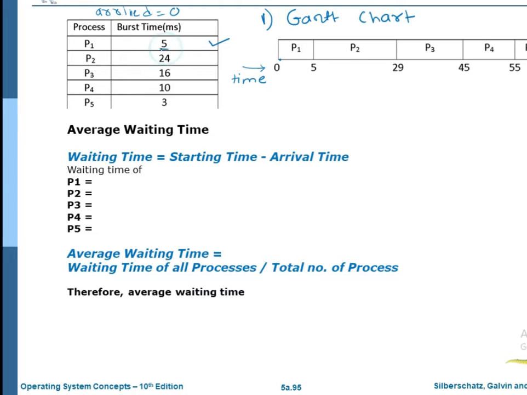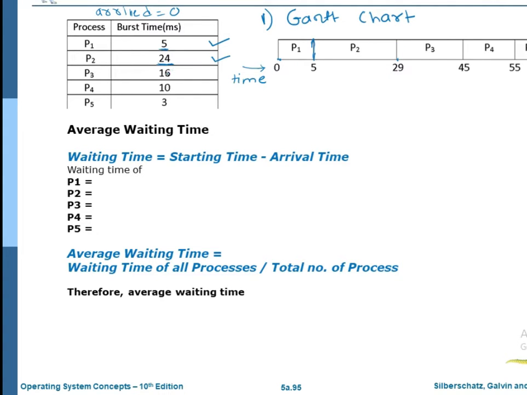Its burst time is 5 milliseconds, so P1 executes till 5 milliseconds. After 5 milliseconds the CPU takes the next process, P2, which requires 24 milliseconds. So 5 plus 24 is 29. At time 29 P2 finishes its execution.